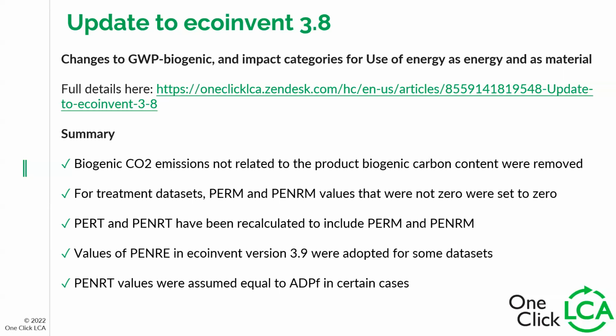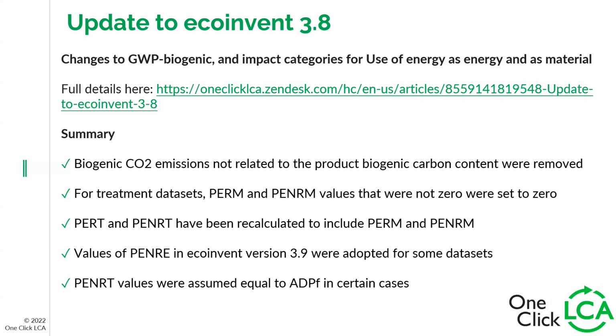There are full details in this article that's linked in the Help Center. The Help Center article is called Update to Ecoinvent 3.8. And what this update concerns are the categories of global warming potential biogenic and use of energy as energy and as material.